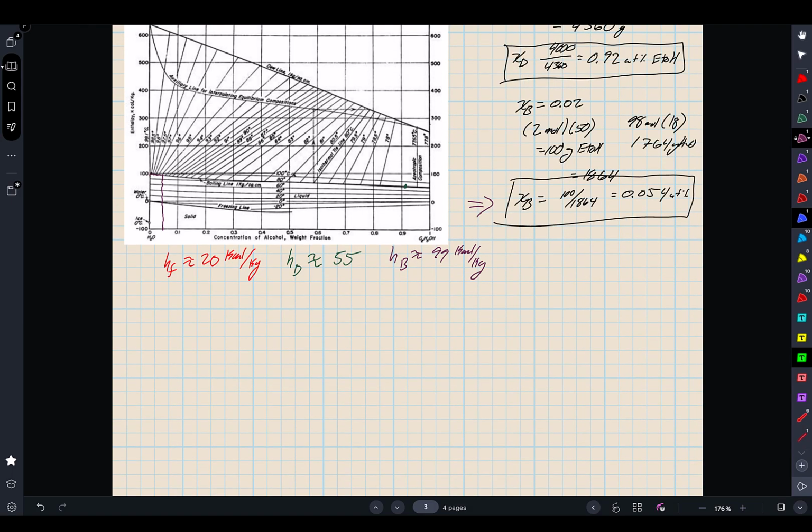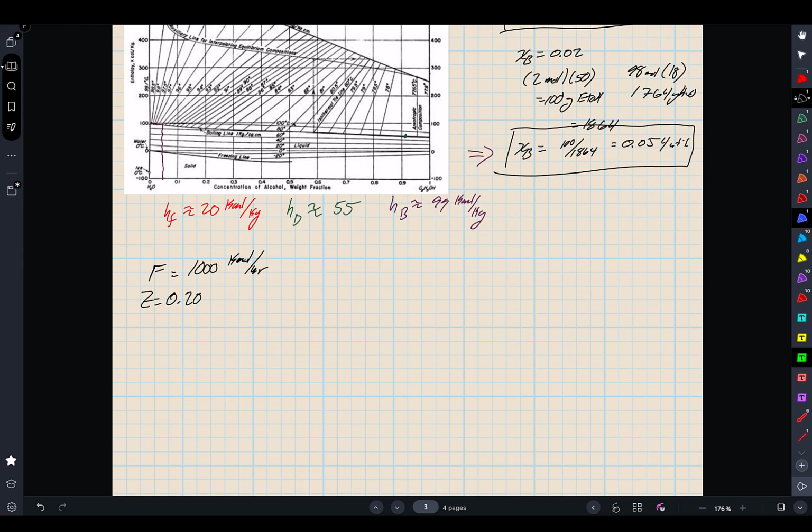So for our feed, we know that our feed is equal to 1,000 kilomole per hour, and we have that the fraction of ethanol is equal to 0.2 mole fraction. If we want to figure out our flow rate, we could figure out the average molecular weight of the system. So we would say we have 0.2 times the molecular weight of ethanol plus 0.8 times the molecular weight of water.